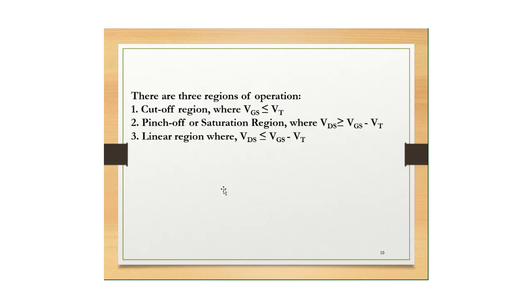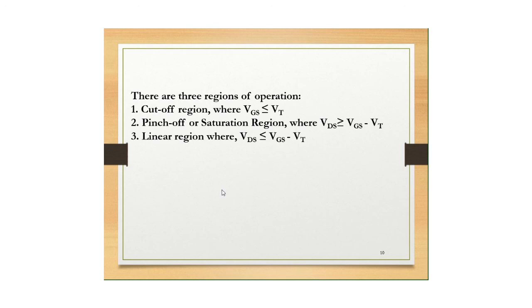So from the drain characteristic, we can understand that there are 3 regions of operation: cutoff region, where VGS is less than VT, where the device is in the off condition, which means there is no drain current; pinch off or the saturation region, where VDS is greater than VGS minus VT; and the third region is the linear region, where VDS is less than VGS minus VT. As you are increasing VGS, the drain current also proportionally increases.